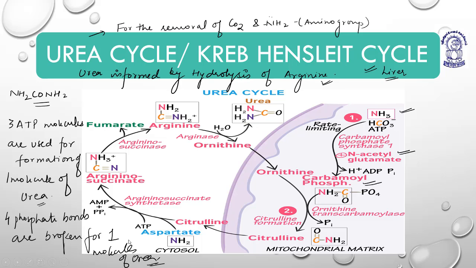So in the presence of aspartic acid, CO2 and ammonia, urea is formed in the liver.